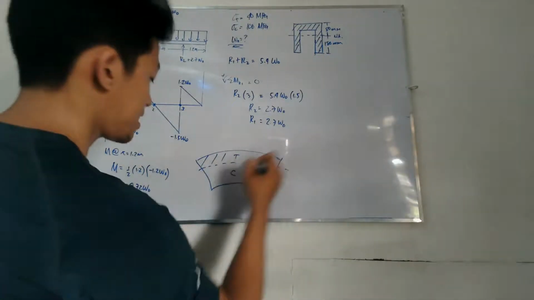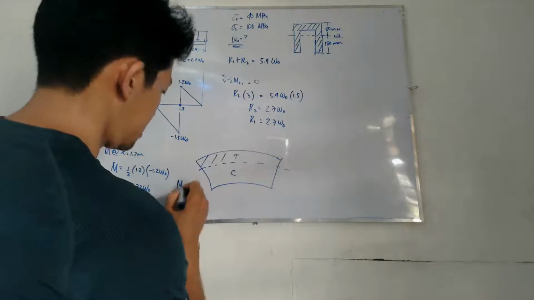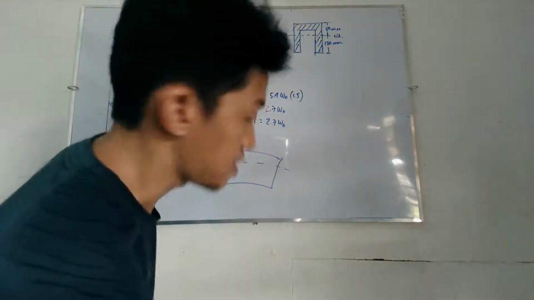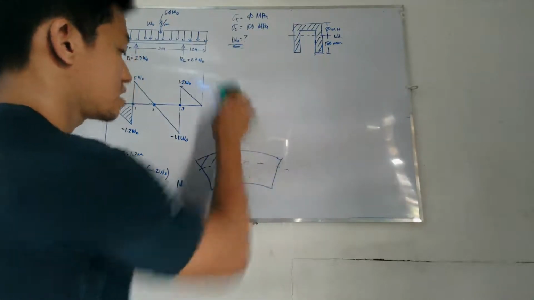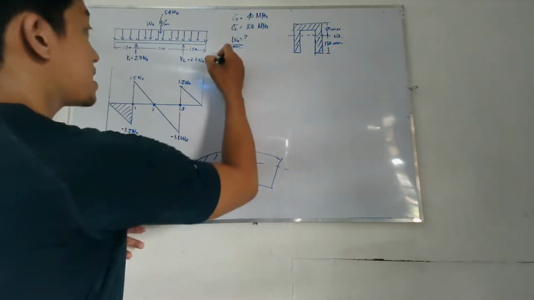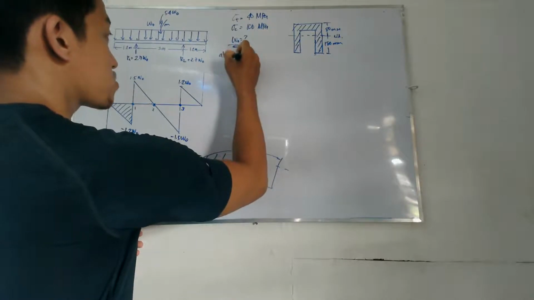So, moment. Anyway, put na lang name. So, moment at kani x equals 1.2 meter.